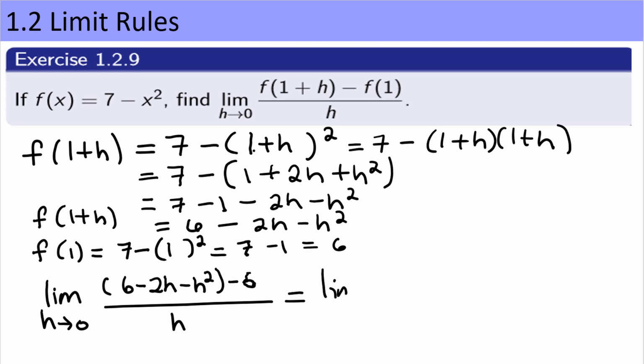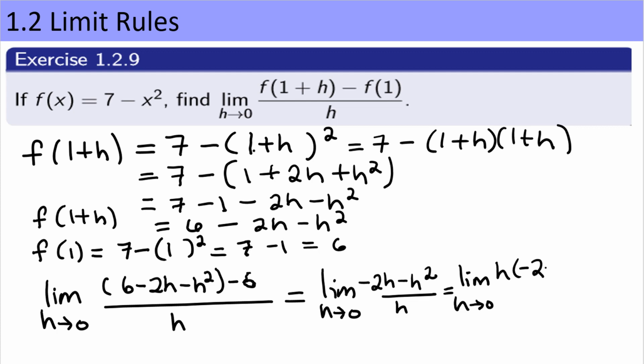This will give us the limit as h approaches 0 of, the 6's cancel, so minus 2h minus h squared divided by h, and I think I see a common factor in the numerator, so let's factor out an h. That's the limit as h approaches 0 of, factoring out 1h, we get minus 2 minus 1 remaining h divided by h.